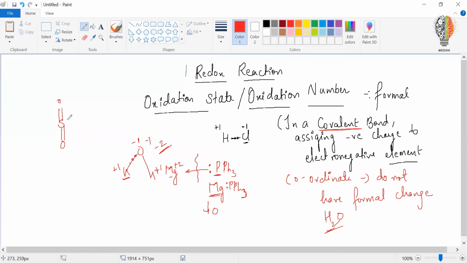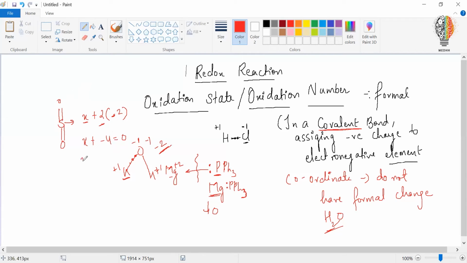Now coming back to here, what will be the oxidation state of your sulfur? So many of you have learned it in this way also: let's consider sulfur, we'll call it X, we don't know, and there are 2 oxygens, means 2 into -2, right? Because the overall formal charge per oxygen will be -2, and in that case we have 2 oxygens, so overall it will be -4.